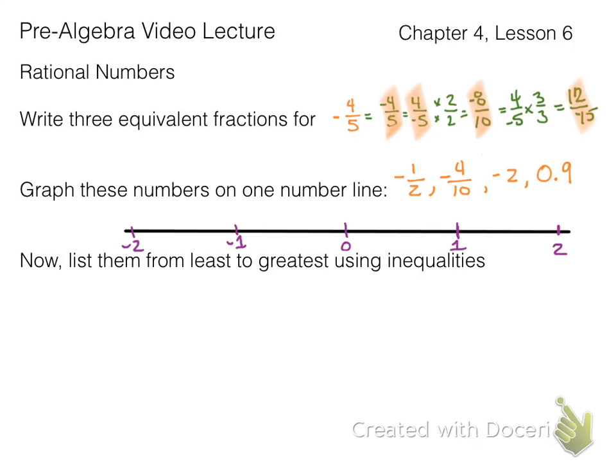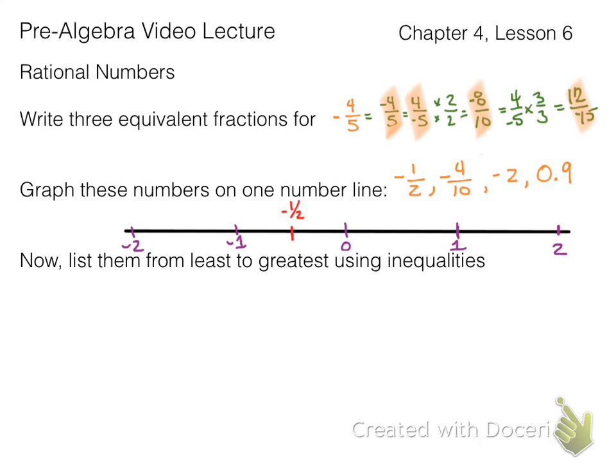Here we go. All right, so let's go ahead and graph these numbers on a number line. We have negative 1/2, negative 4/10, negative 2, and 0.9. So the first one we're going to graph is negative 1/2. We've got to find the halfway point between 0 and negative 1. Right there, halfway point. Beautiful. Now we need negative 4/10, which means we need to break up the distance between 0 and negative 1 into 10 parts.